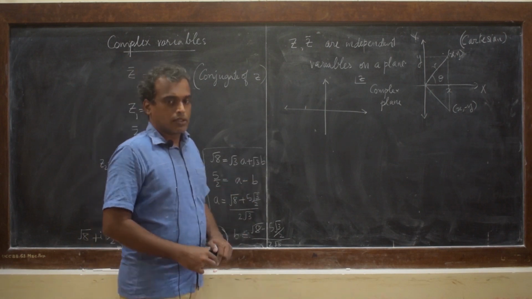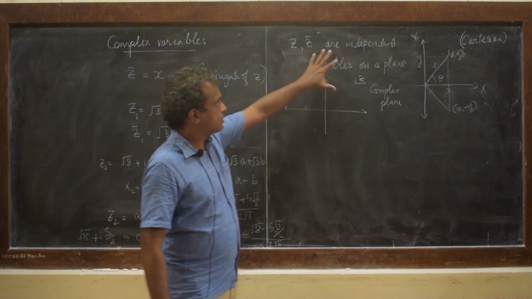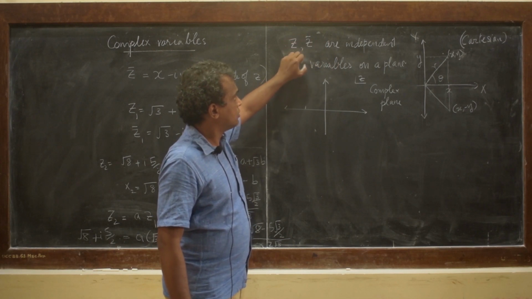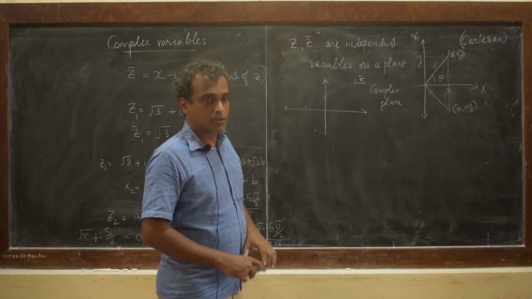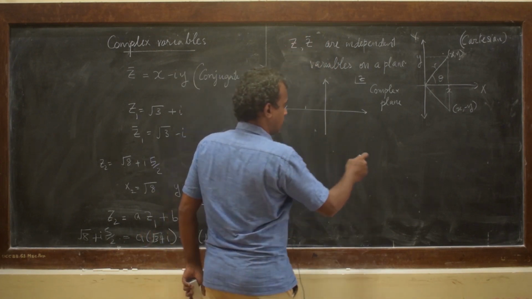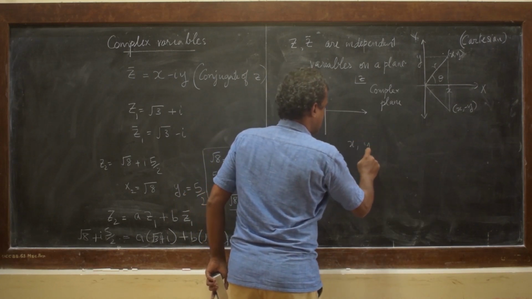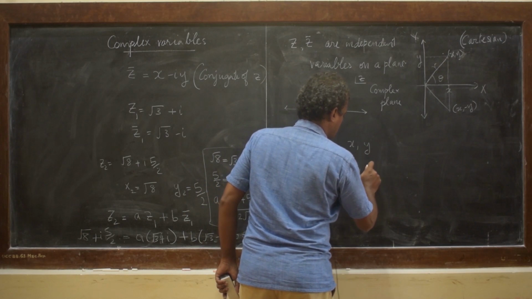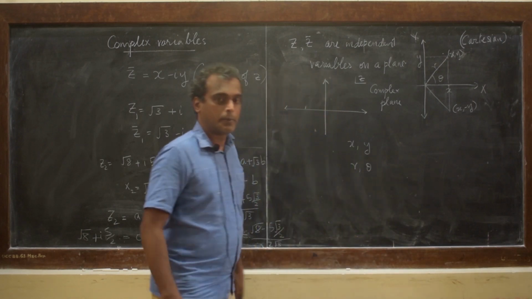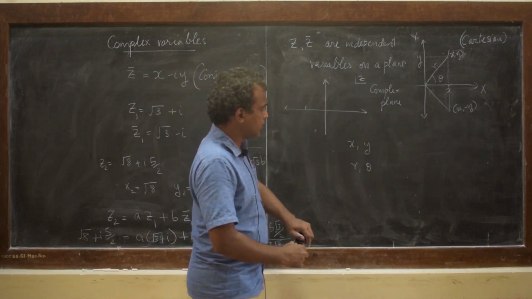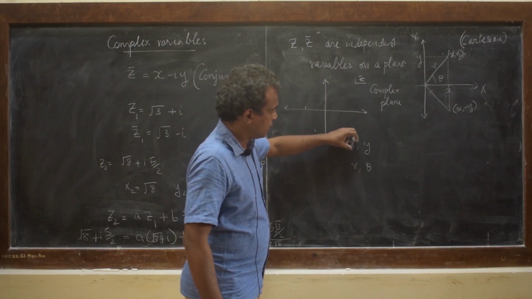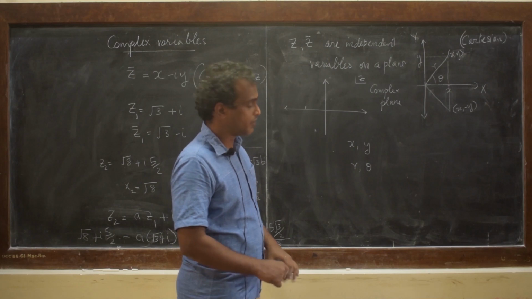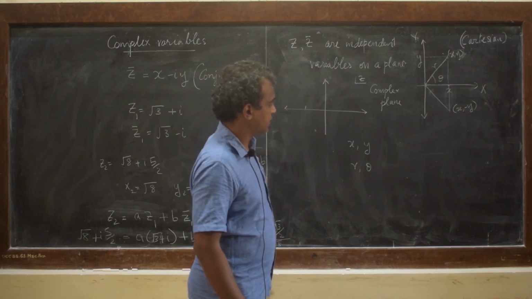It is important now to find the relations of the earlier used coordinates, the Cartesian form x, y, and the polar form r and theta, with our complex variables z and z bar.